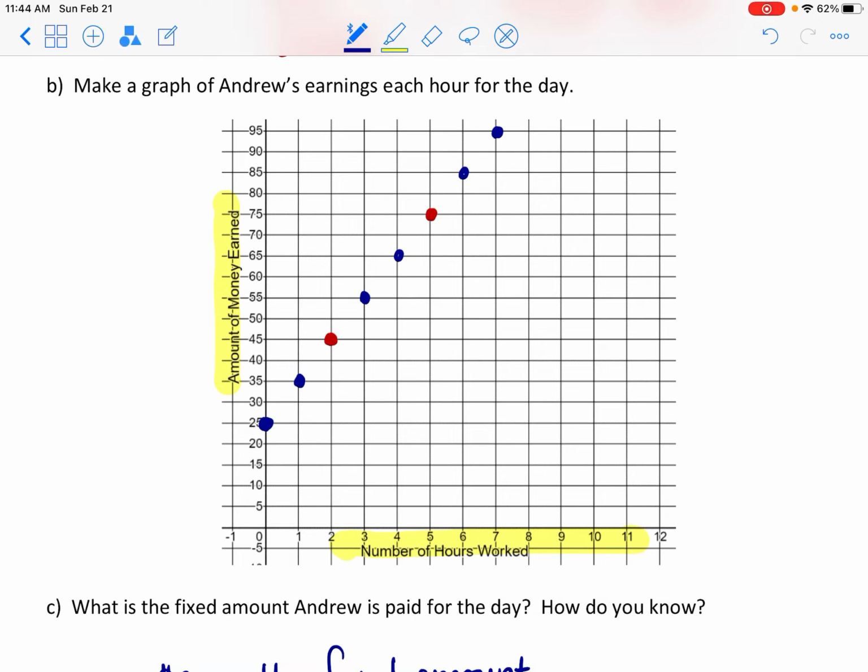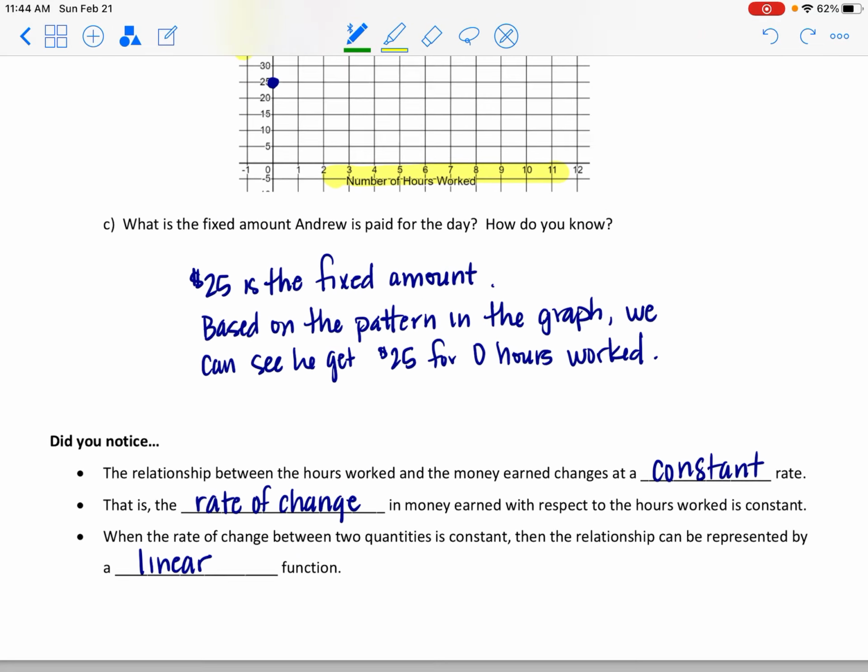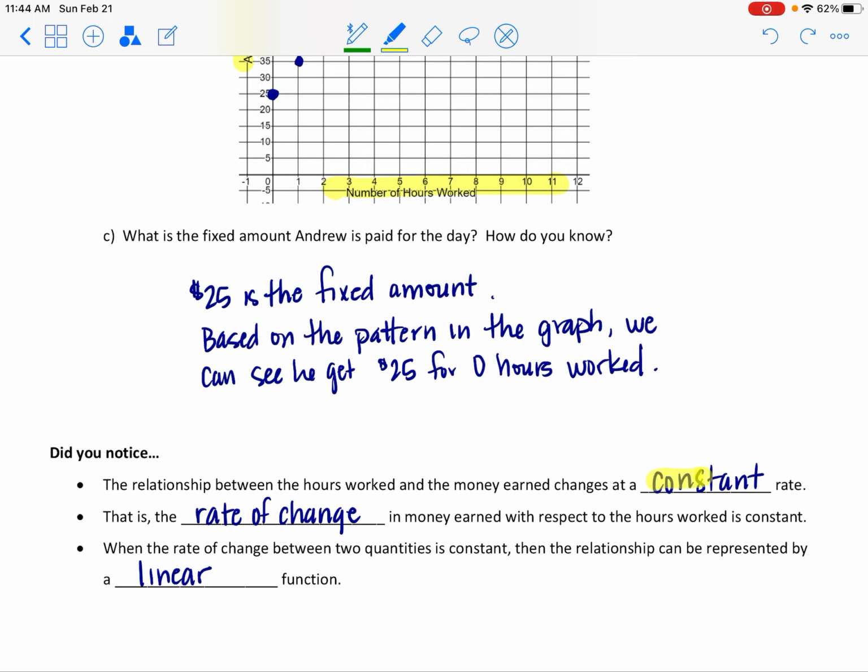If we were to connect these points, and we don't actually have to do this, but if we were to connect these points, we see a linear relationship happening there. And we're going to talk more about what the rate of change and that fixed amount represents in a linear function. But for now, just sort of familiarize yourself with the idea that if we have a constant rate of change, we're looking at a linear function.